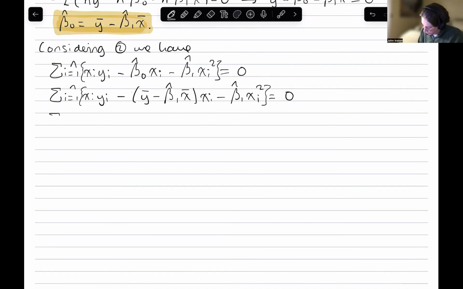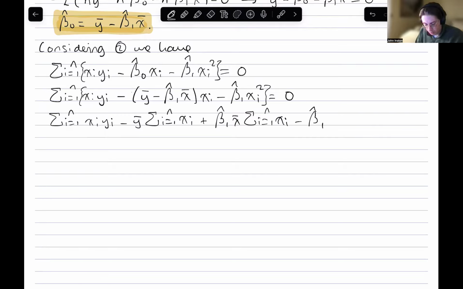So this then is equal to the sum from i equals 1 to n of xi yi, minus y bar times the sum of xi, plus beta hat 1 x bar times the sum of xi, minus beta hat 1 times the sum of xi squared, equals 0.